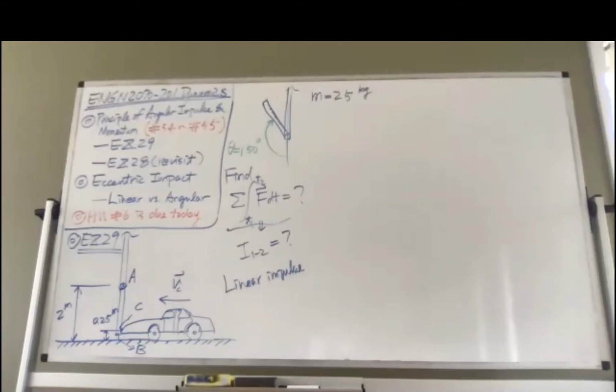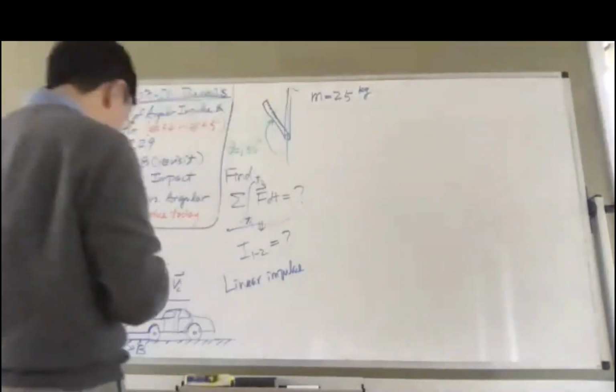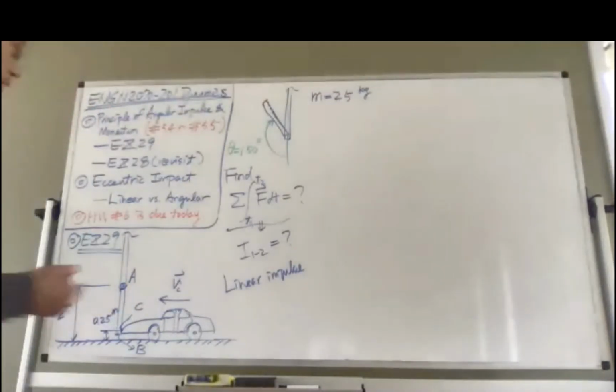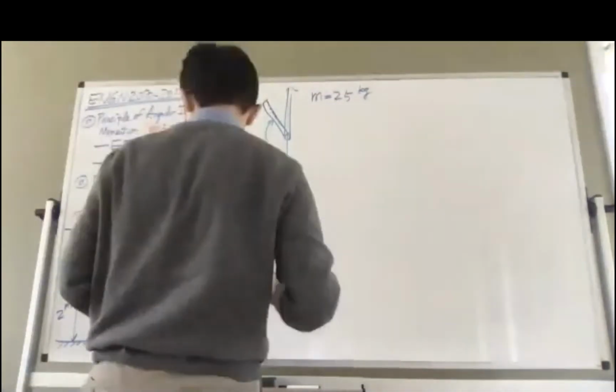And we also want to know what is the linear velocity of this door, the linear velocity of the vehicle. Well, let's define the problem by understanding what is the force here first.